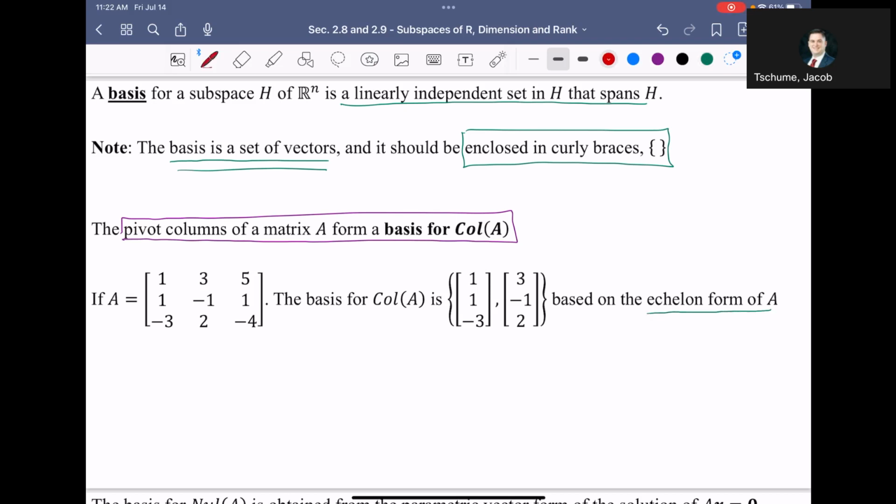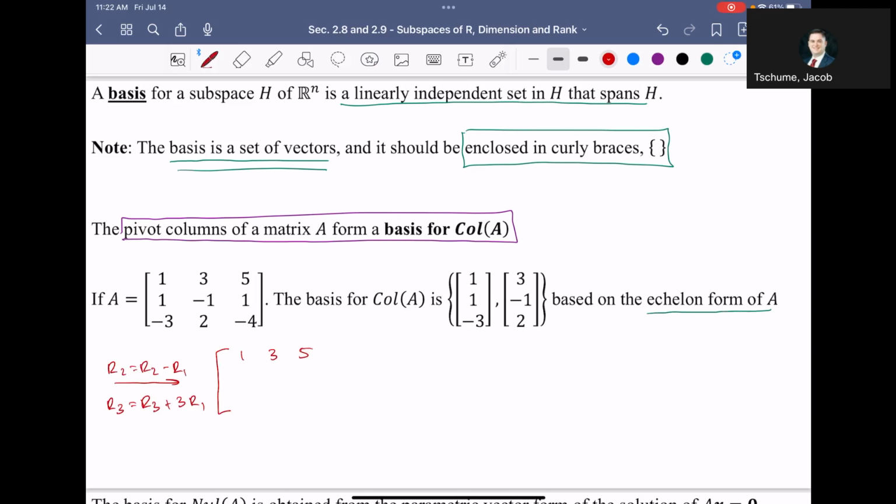So what I'm going to do is take that matrix A and put it in echelon form. I would take row 2 and subtract row 1, and I would take row 3 and add 3 row 1s.